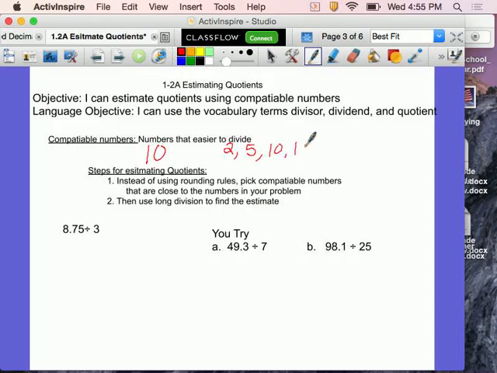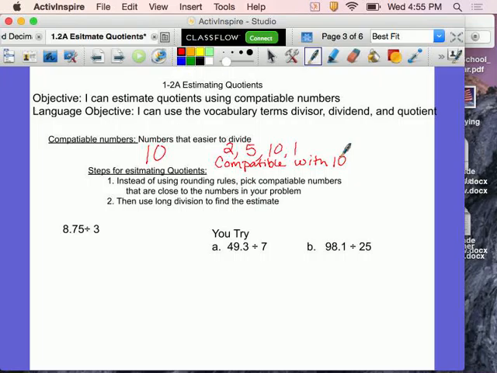So those are all compatible numbers with 10.